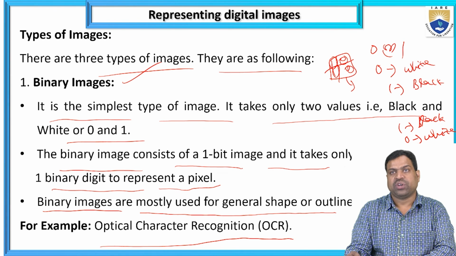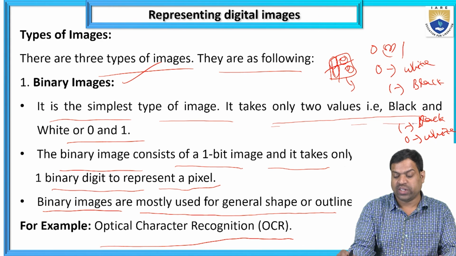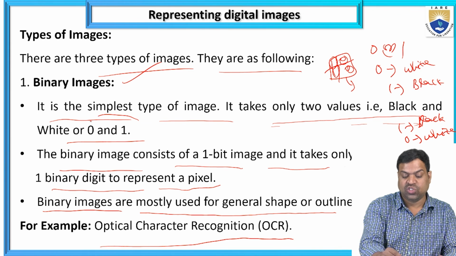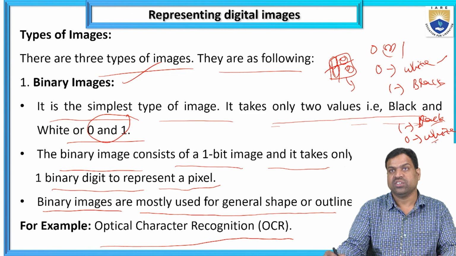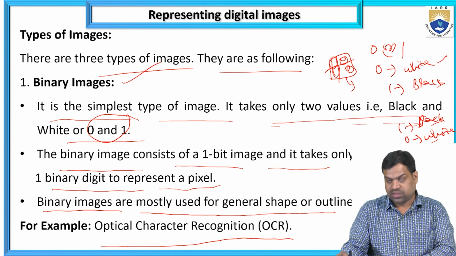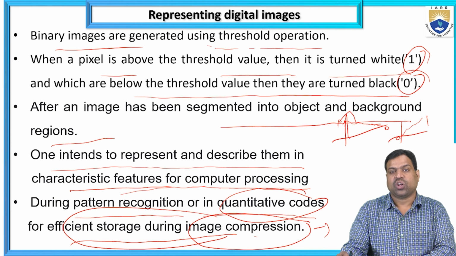So there are two types of images. First one is a binary image. It is the simplest type of image. It has only two values, black and white, 0 and 1. If I take 1 equal to black, then 0 equal to white. The binary image is generated using a threshold operation.